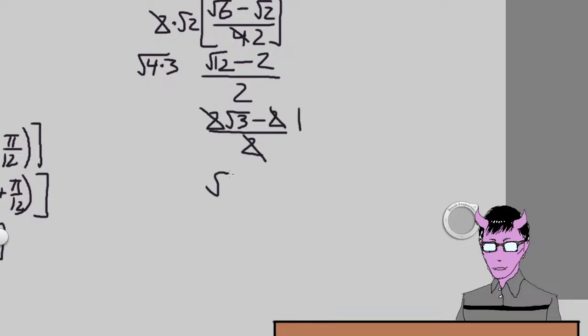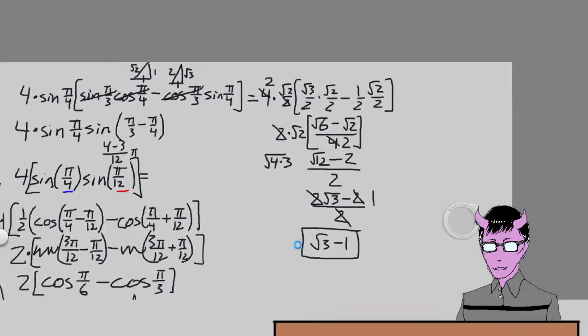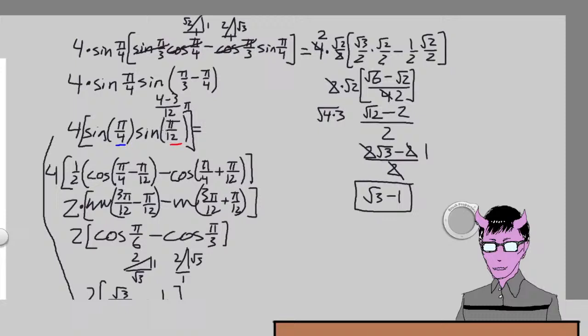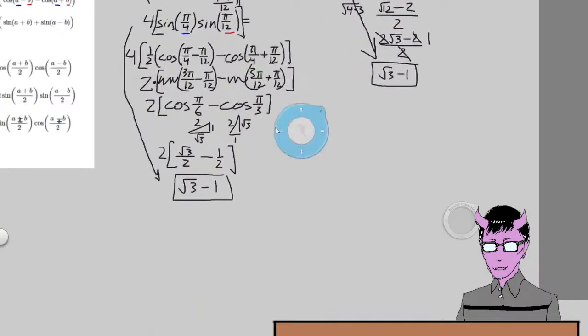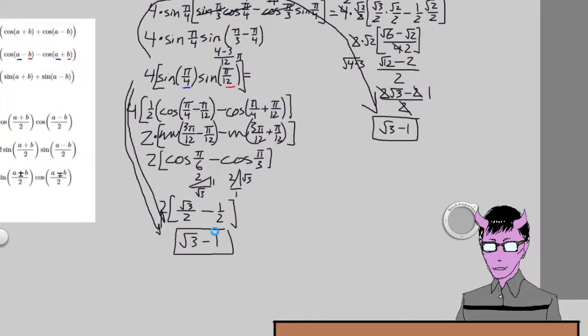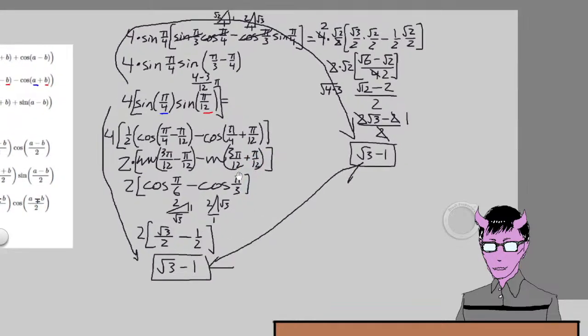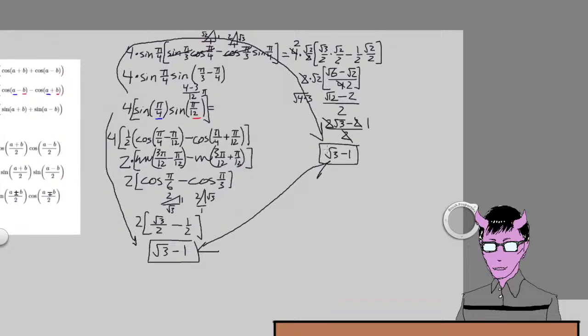Final answer, root 3 minus 1. So there it is. It took a lot more work, I think. We started from here, and then we went all around to reach root 3 minus 1. This one is a little more direct, but at least the two answers are consistent. So we are good to go for the second problem.